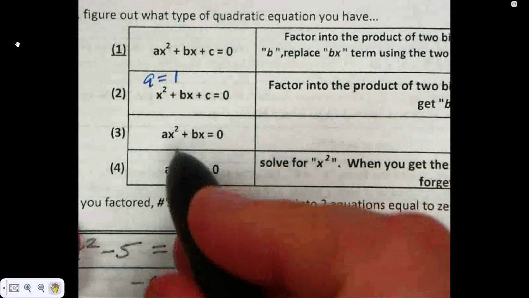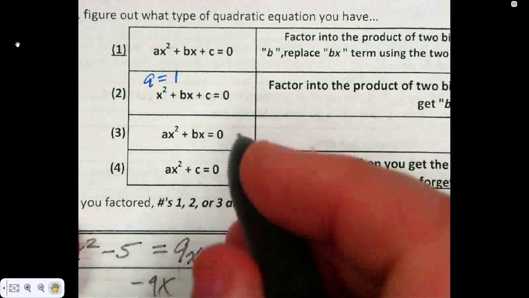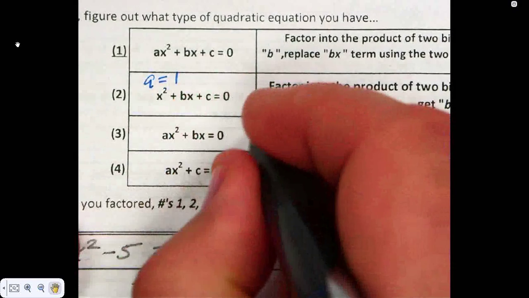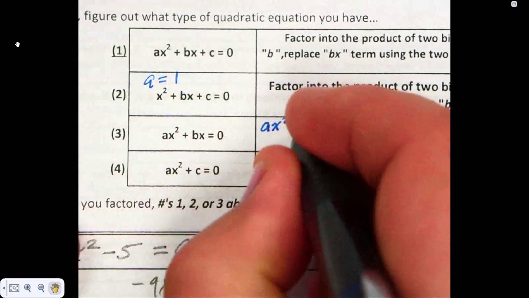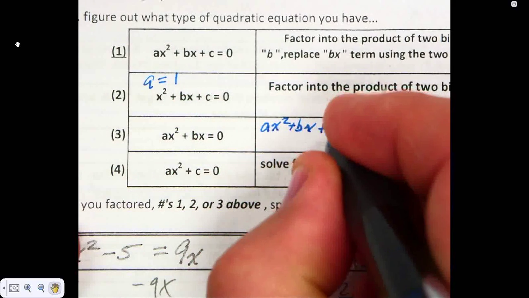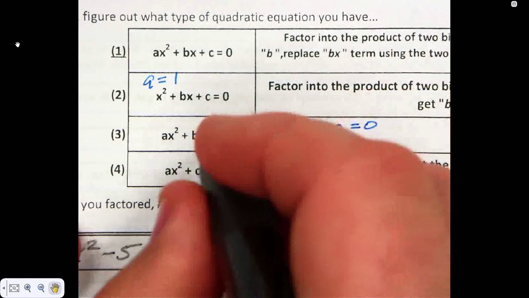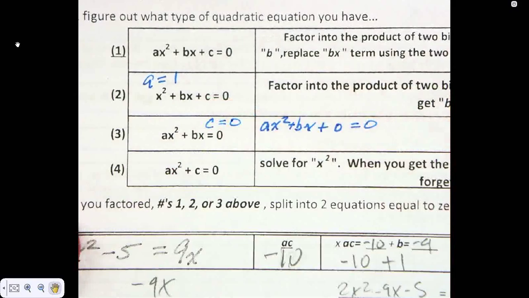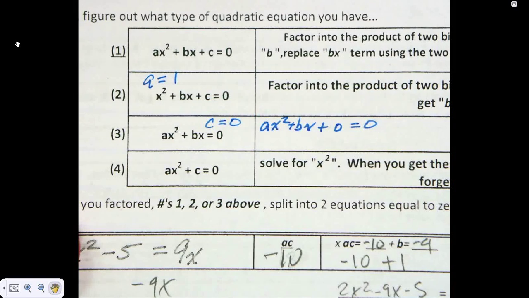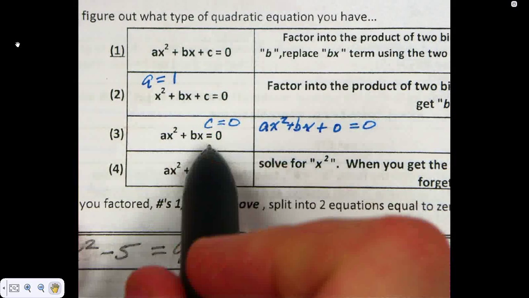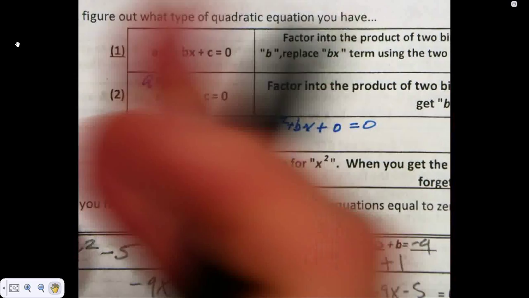Guess what? This one right here can be written in the form ax squared plus bx plus c, because you can write it as ax squared plus bx plus 0 is equal to 0. So here the only difference is c is 0, right? Agreed? Because plus 0 is the same thing as not having it.